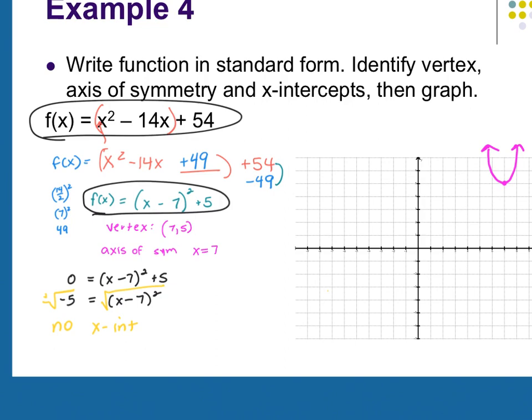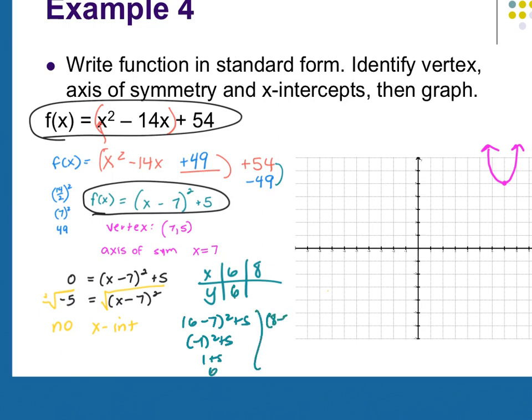Which means I have to do what to get it to graph? Plot additional points. So I'm going to go left of my vertex and right of my vertex. The x on the vertex was 7, so I'm going to go 6, and I'm going to go 8. 6 minus 7 squared plus 5 is negative 1 squared plus 5, 1 plus 5, which is 6.